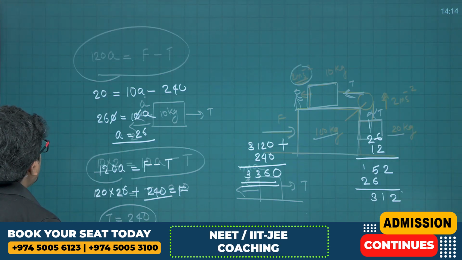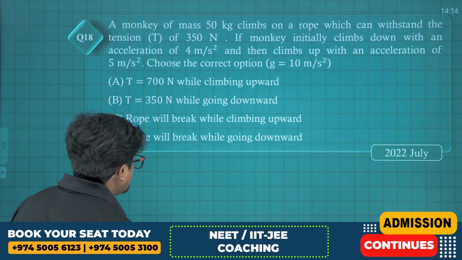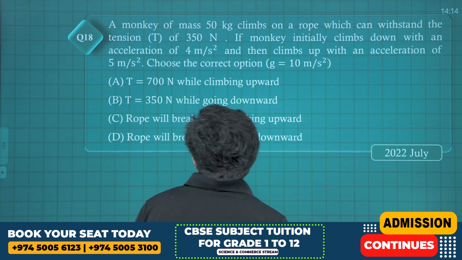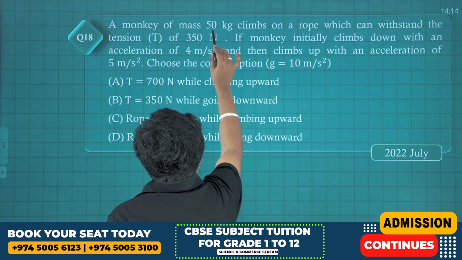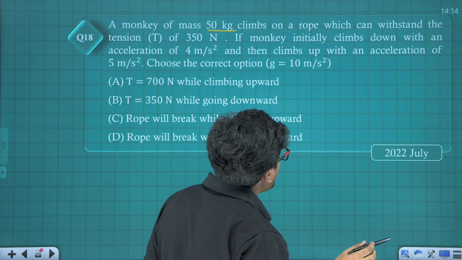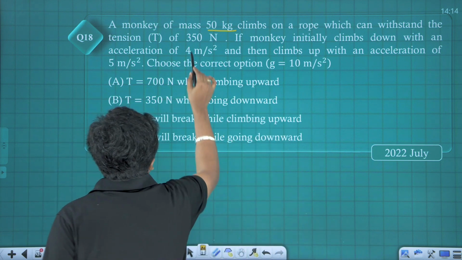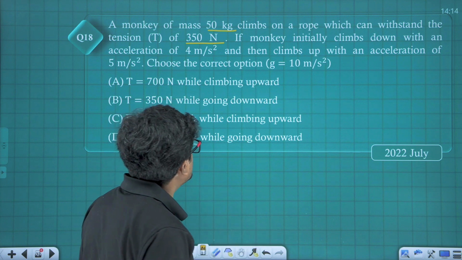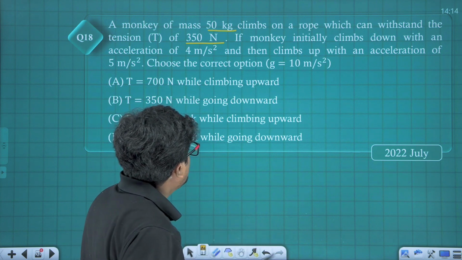Alright. Now let's move to the next, that is question number 18. Question number 18 says, a monkey of mass 50 kg climbs on a rope which can withstand tension capital T equal to 350 Newton. Okay, this is the maximum tension that the rope can manage.